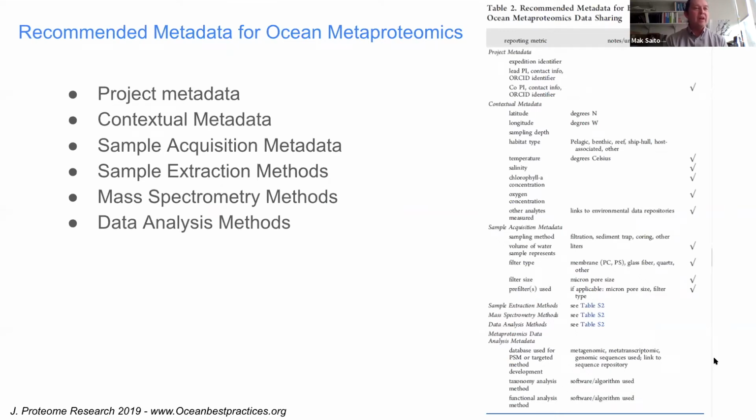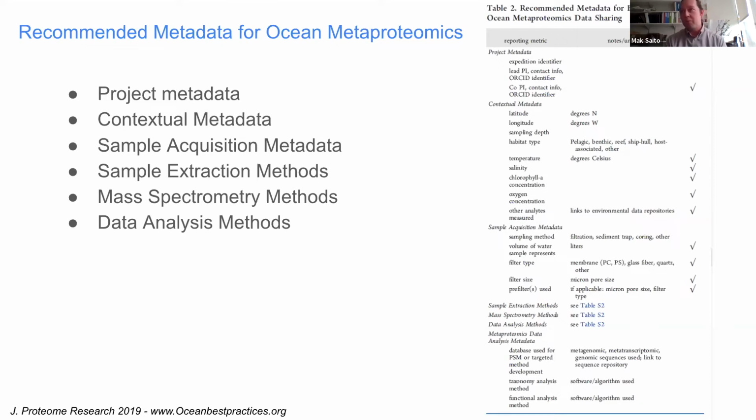And so in this workshop that we had on ocean metaproteomics metadata, we got into the nitty-gritty of defining what our metadata needs were, and came up with a table of best practices for various parameters, very much like the slide Montana showed earlier. Talking about the project metadata that we need, as well as contextual metadata for the samples.